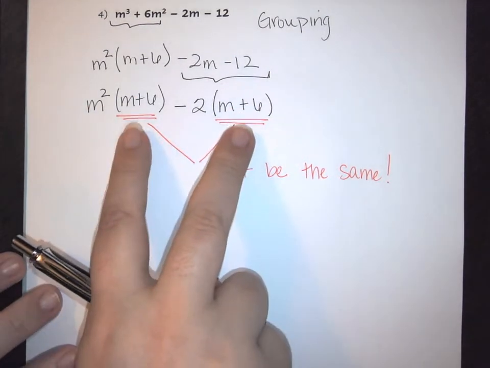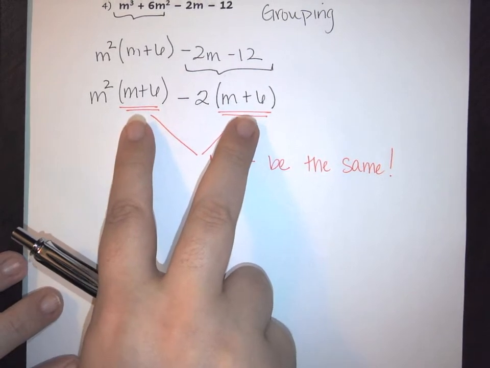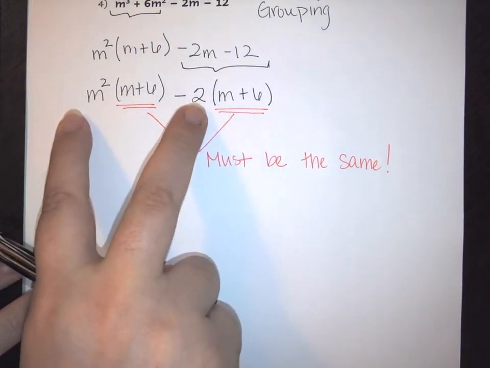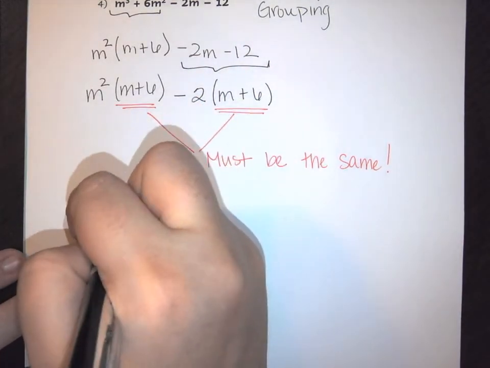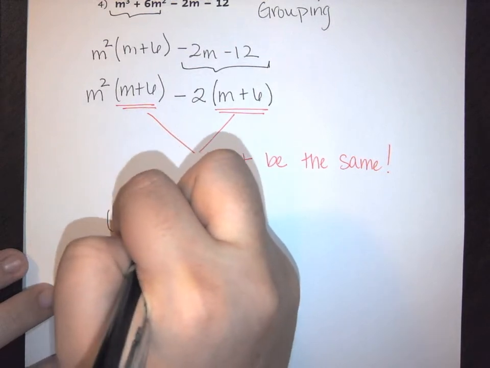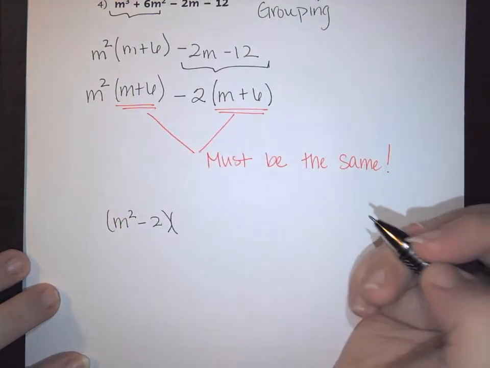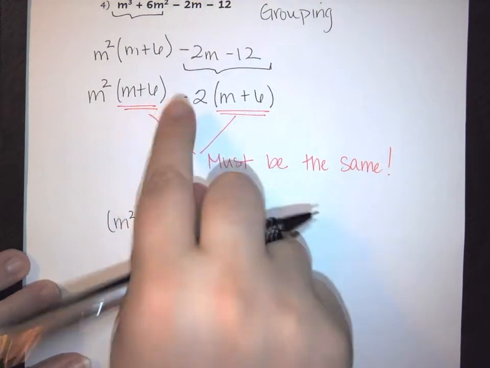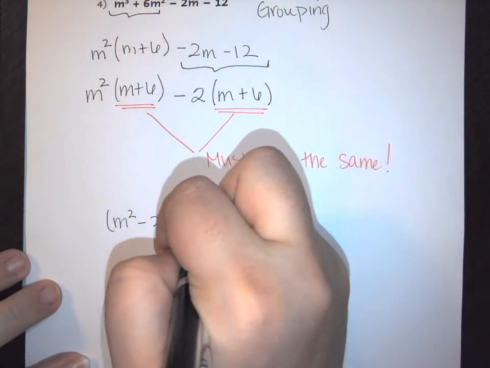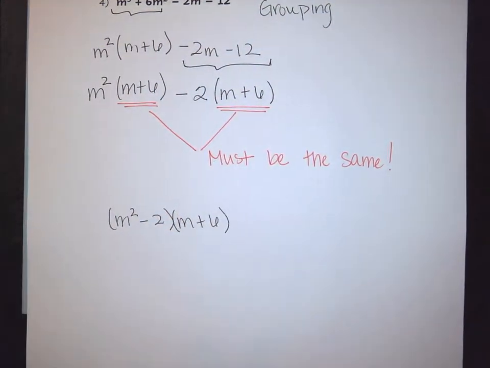So they should come out to be exactly the same. If that's the case, then you're going to write the 2 outer terms together. So here we have m squared minus 2 and the 2 inner terms, or the 2 factors as 1, m plus 6. And that's all there is to it for grouping.